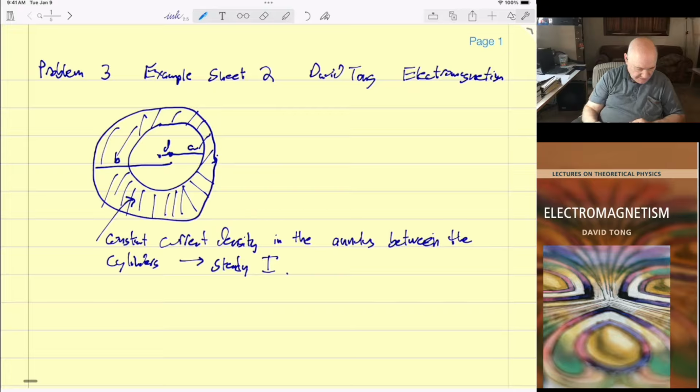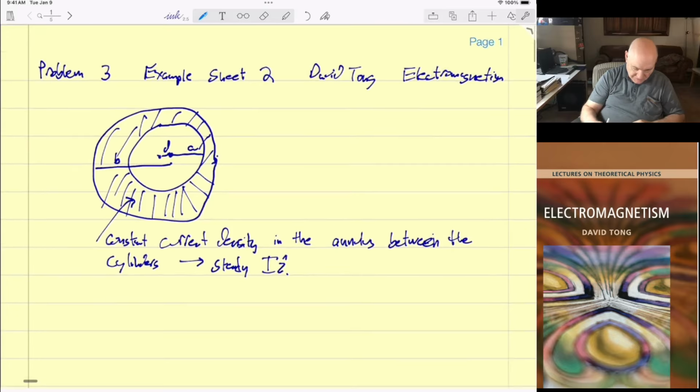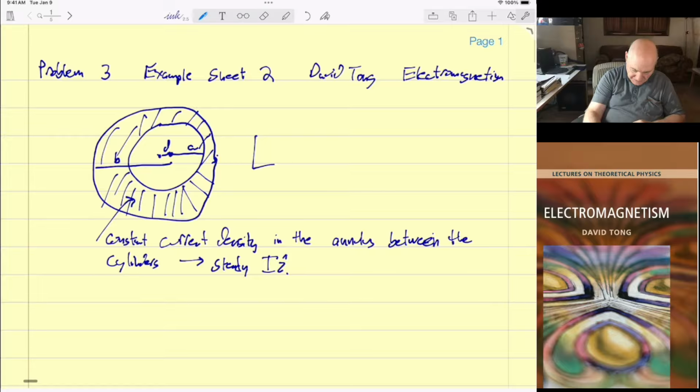Okay, and that's the setup. And I should say it's in the z direction. And the directions here are like X is this way and Y is this way, and Z is coming out of the page upwards.